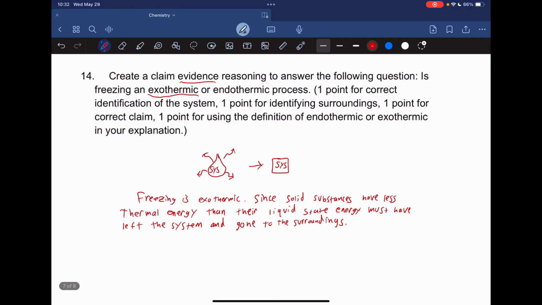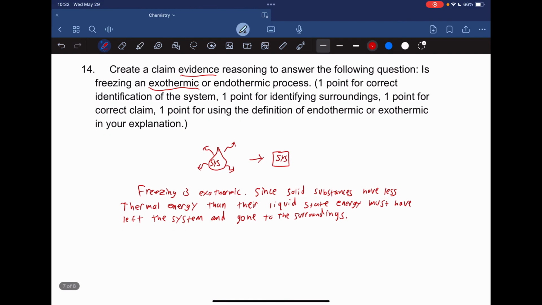The reasoning, we're going to tie in the definition of what exo and endothermic is. So that's why it says here at one point for using the definition of exo and endothermic in your explanation. So I maybe abuse the word since, but I'm going to use it again.